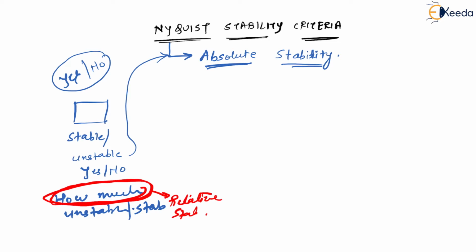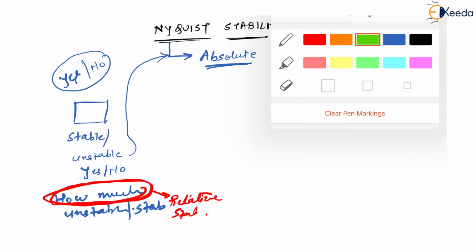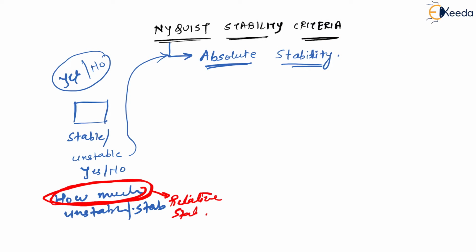If you check, Nyquist stability criteria does not give you relative stability. It just tells you whether the system is stable or unstable, which means it only informs you about absolute stability. I hope you are understanding this point.